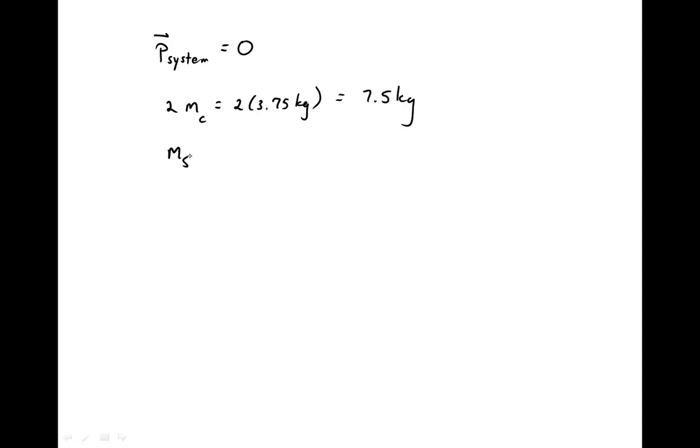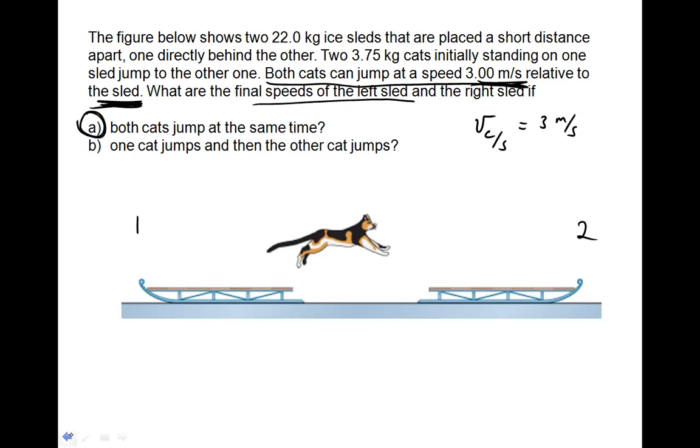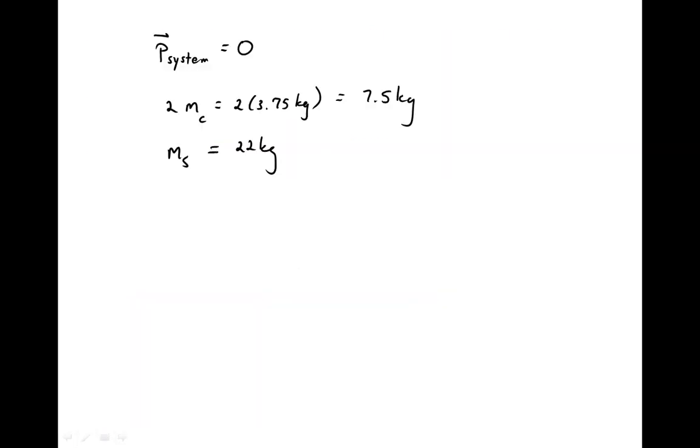And the mass of the sled was 22 kilograms. So the initial momentum of the system is 7.5 kilograms times 0, because the cats are not moving, plus 22 kilograms times 0, because the sled's not moving.